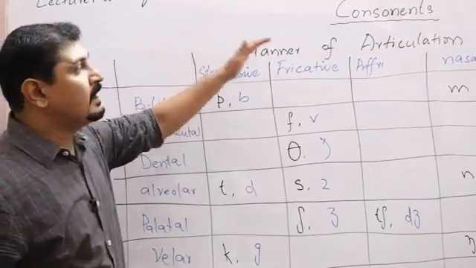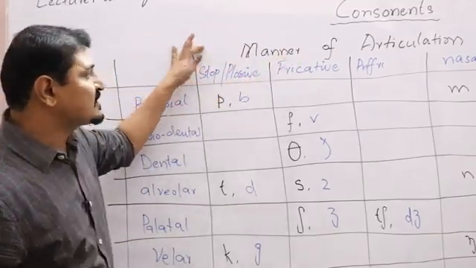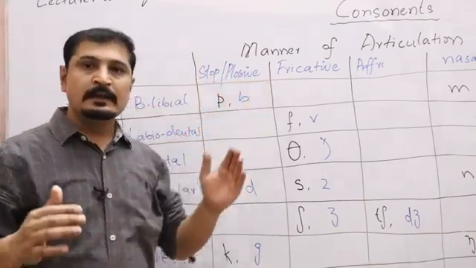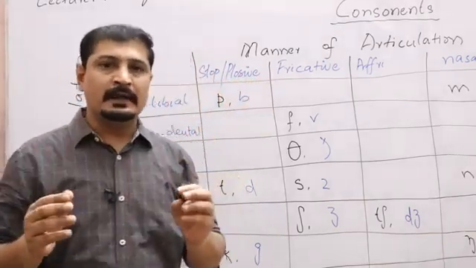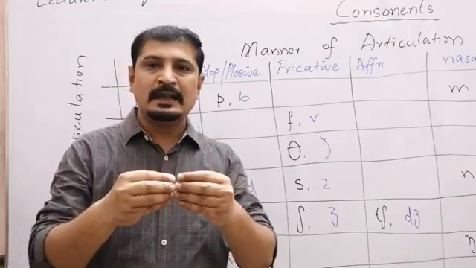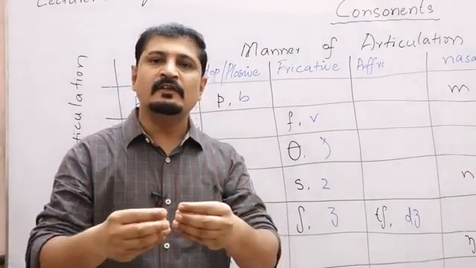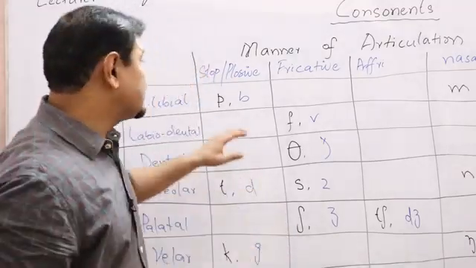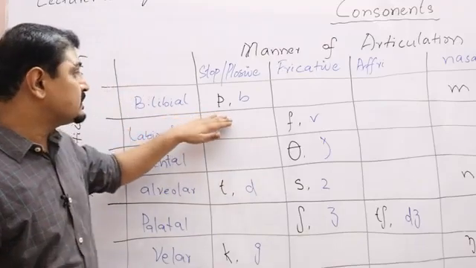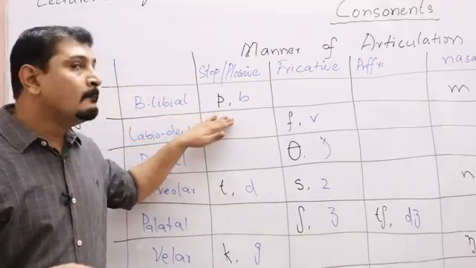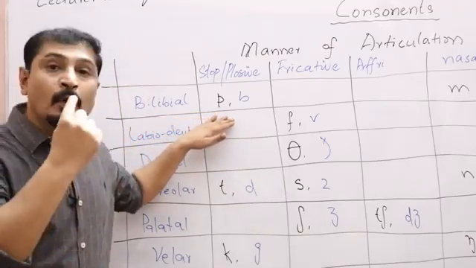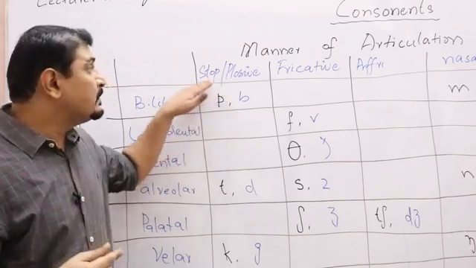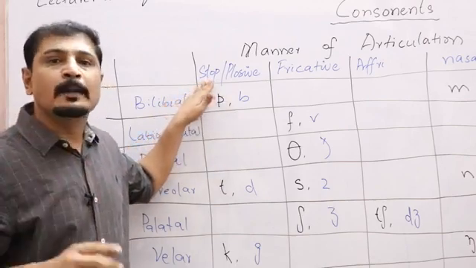Then we go to the manner of articulation. The first one is stop or plosive. Right? By plosive I mean there is always a little explosion when we utter the sound. Let's say the bilabial sound is p. Both lips are pressed together, and we have a little explosion.